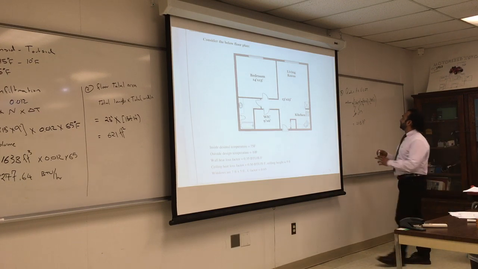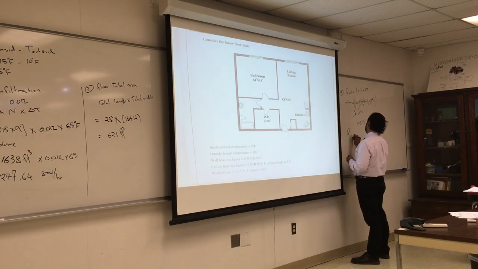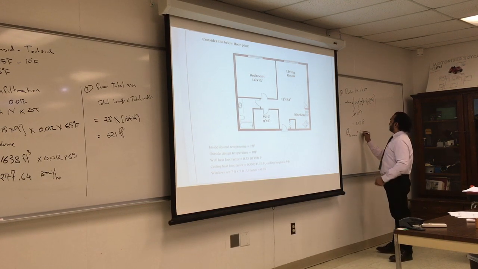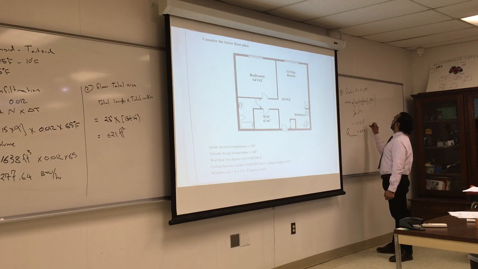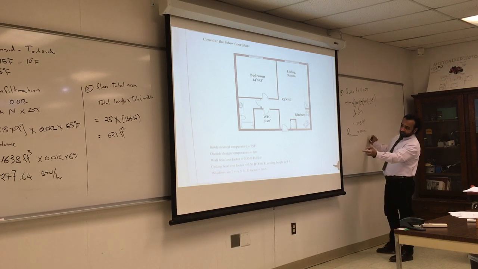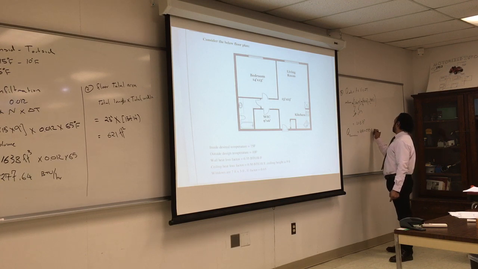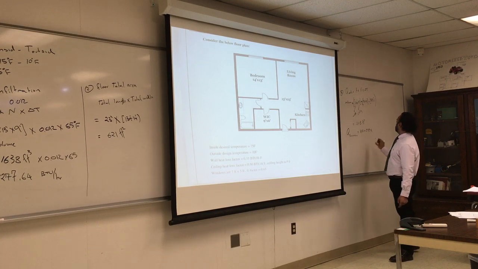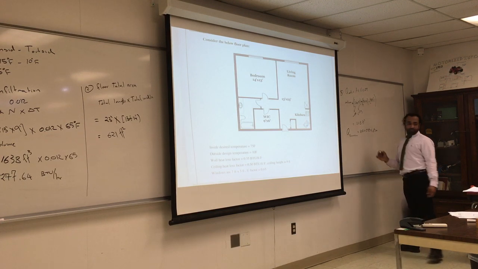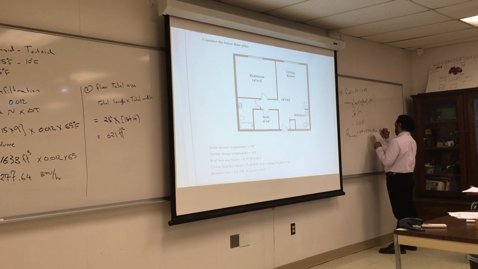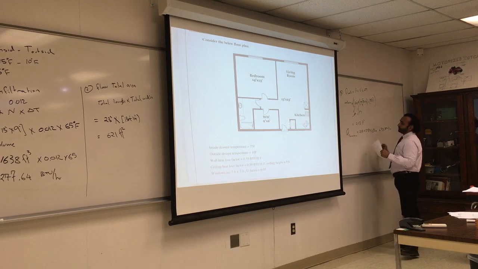So I got the area of the wall, so now it's easier to calculate the wall transmission. Area 208 times, what is the U factor? 0.35 times 65. What do we get? 4,732 BTU per hour. Okay, that's from the wall.